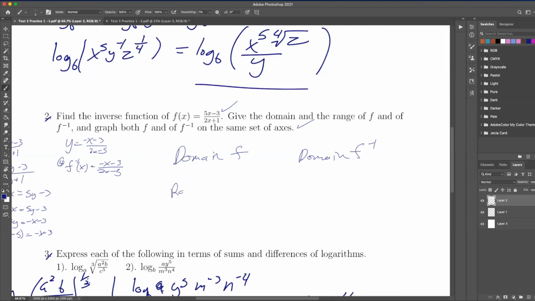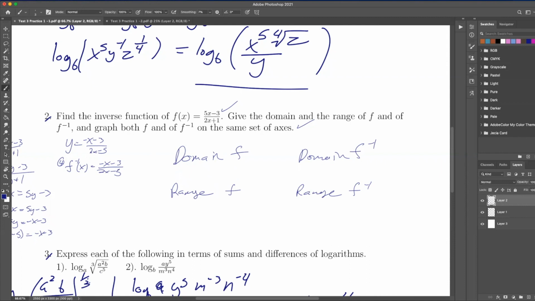So let me put range of f, and then we'll put range of f inverse. All right, so here's the domain of f. I'm allowed to put anything except what will make the bottom part 0. If I put in minus a half, that makes this 0.